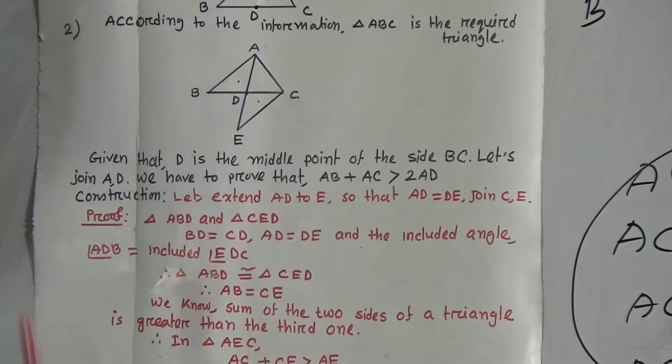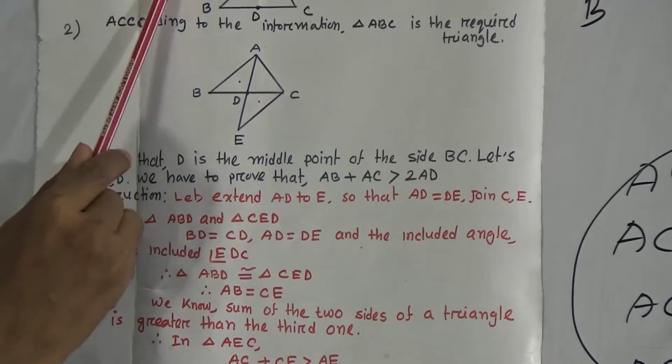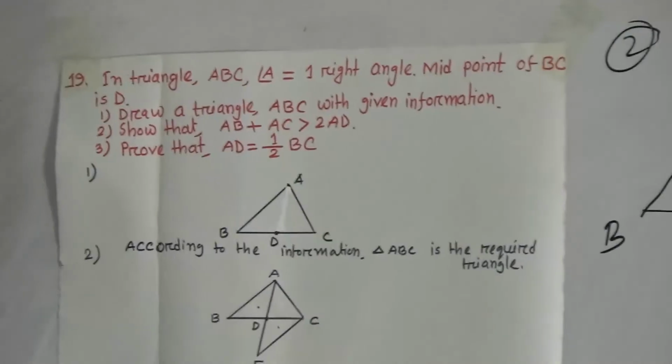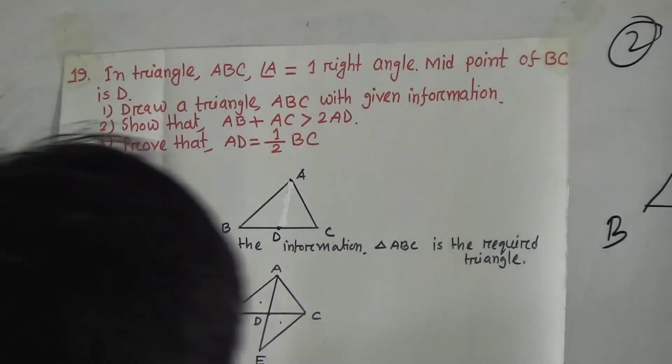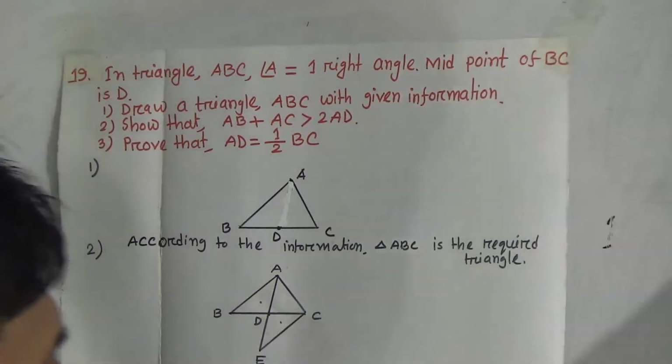Okay, student? This is the proof for part B. Now, we will prove question number 3. Prove that AD equals half of BC.